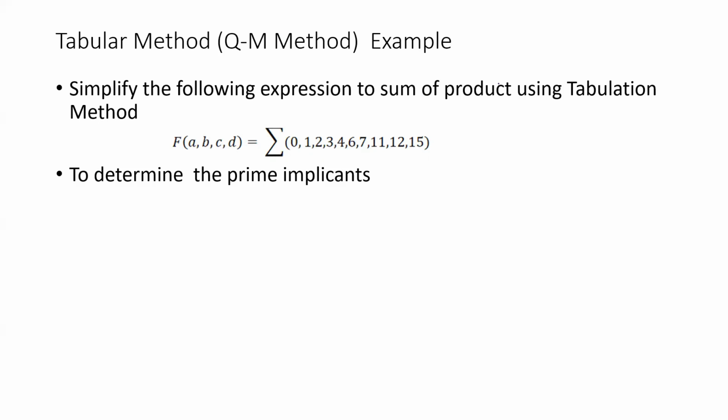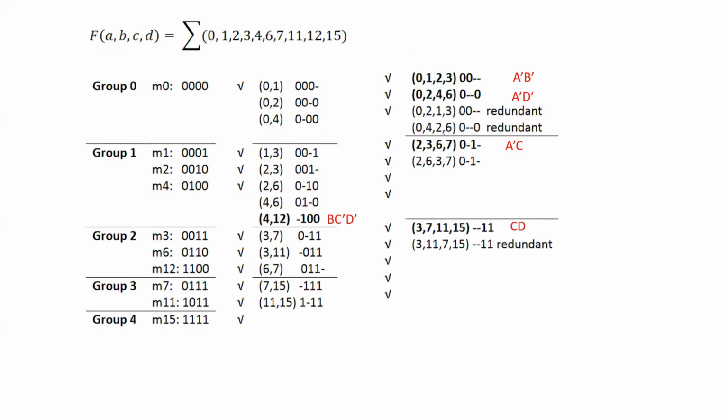So this is a function. What are the various ways by which you can reduce it? You can go with Boolean algebra or with a K-map. But now let's learn a new technique called the tabular method or Quine-McCluskey method.